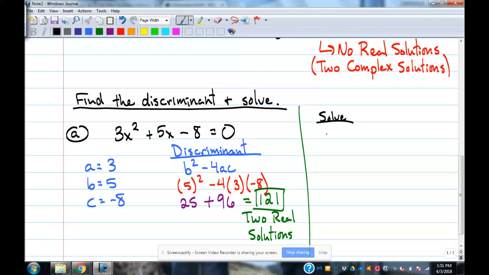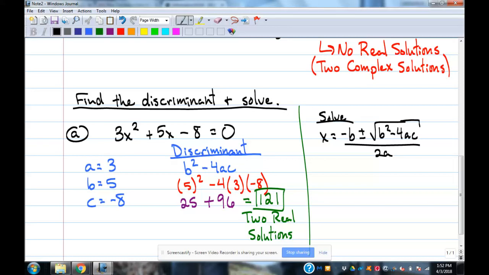Remember the quadratic formula? X equals -b plus or minus radical b squared minus 4ac divided by 2a. That's what the quadratic formula is. But we already know that b squared minus 4ac is how much? 121. That's what we found.